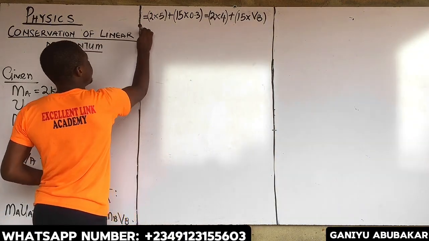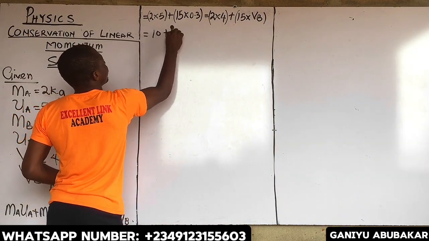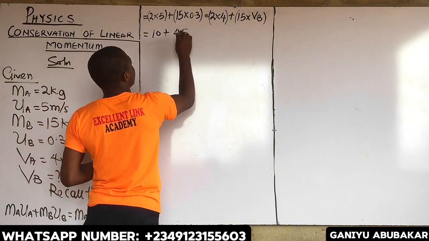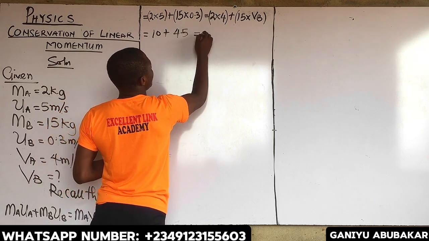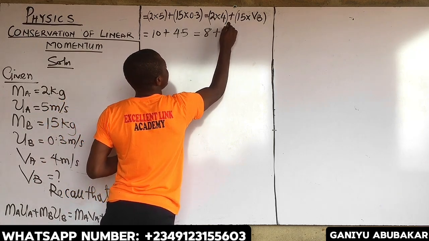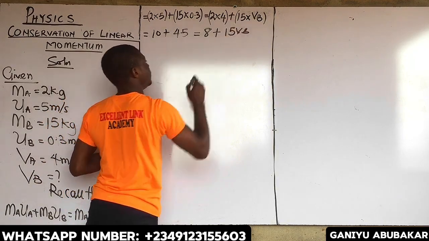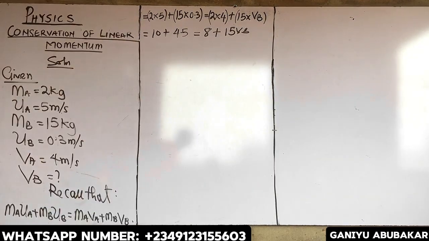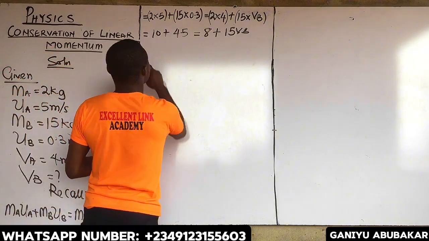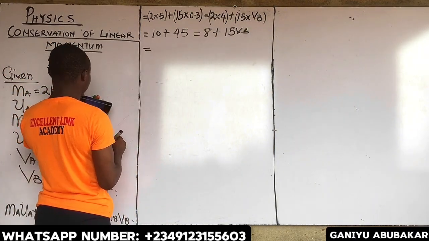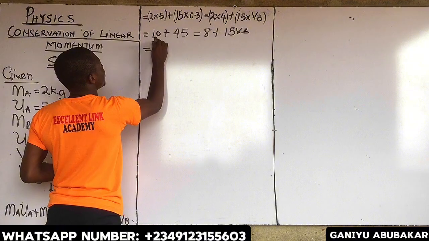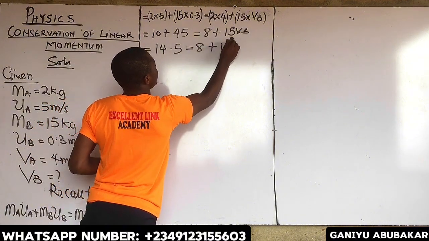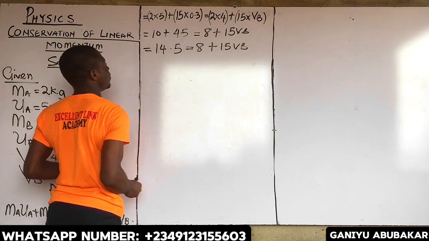At this point, multiply through: that's 10 plus 4.5, which is equal to 8 plus 15 VB. Simplify this: 10 plus 4.5 is 14.5, equal to 8 plus 15 VB.